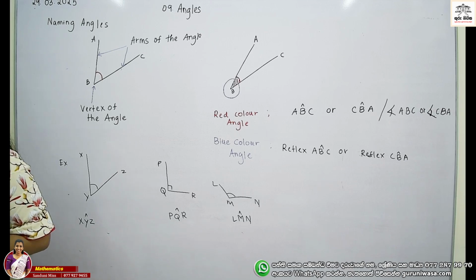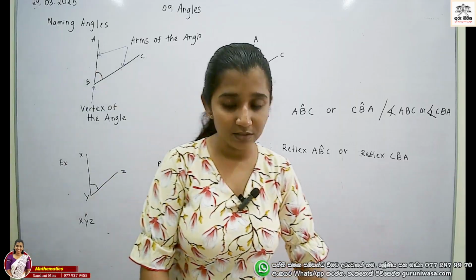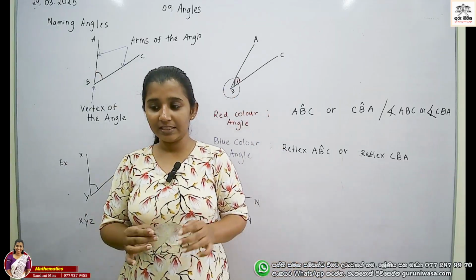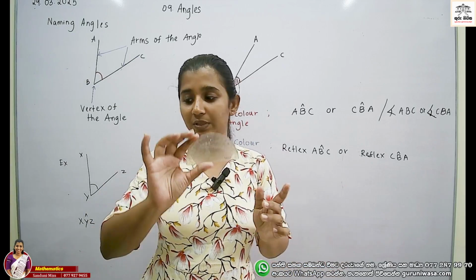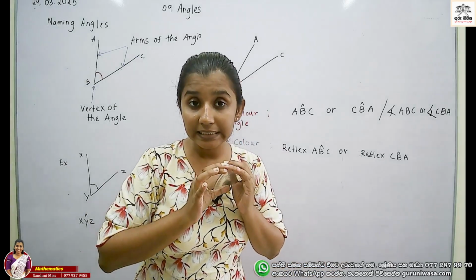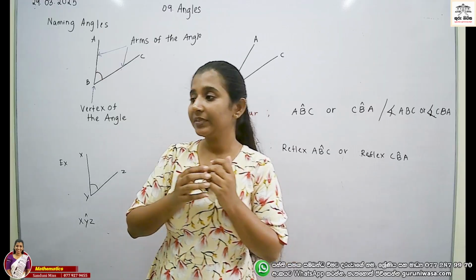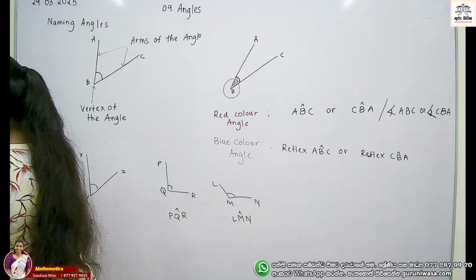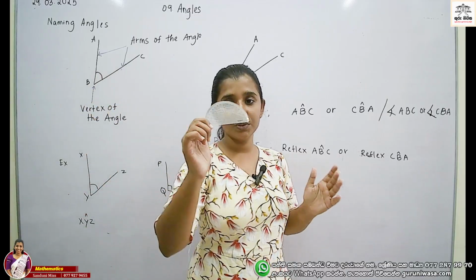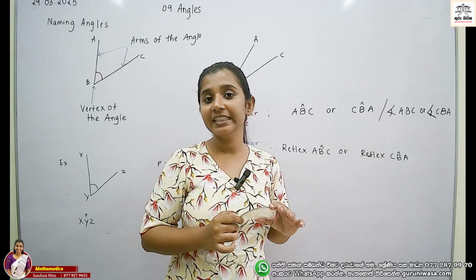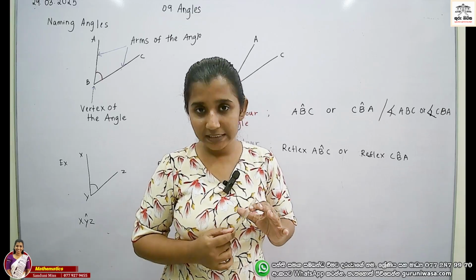Then we'll move on to measuring the angles. For measuring angles, now this is the important part of this lesson. To measure angles, you need a protractor. What is the instrument used? The instrument used is this one, which you can find in the mathematical instrument box.